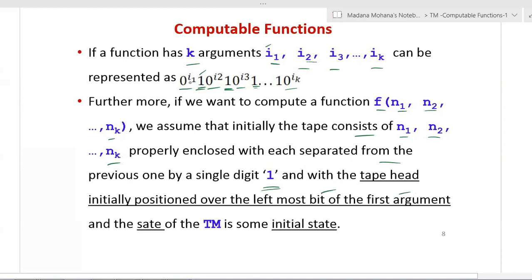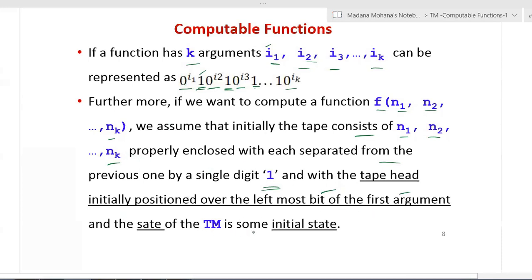That means, suppose 0 power i1 is the first argument, the read-write head will be positioned at the leftmost bit of the first argument on the tape.